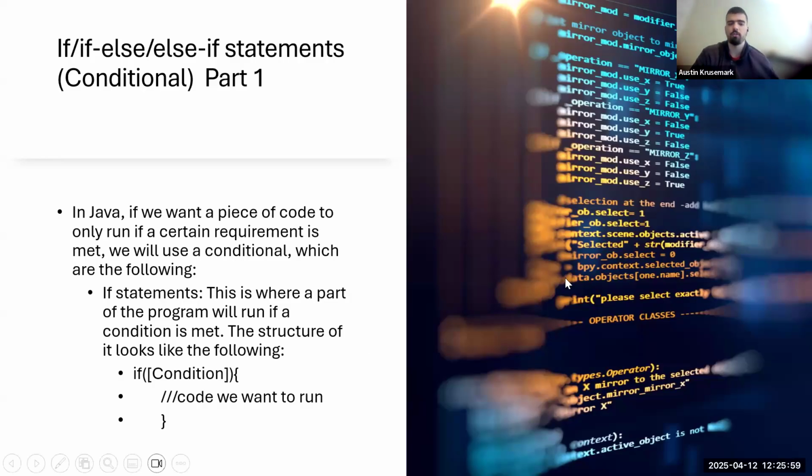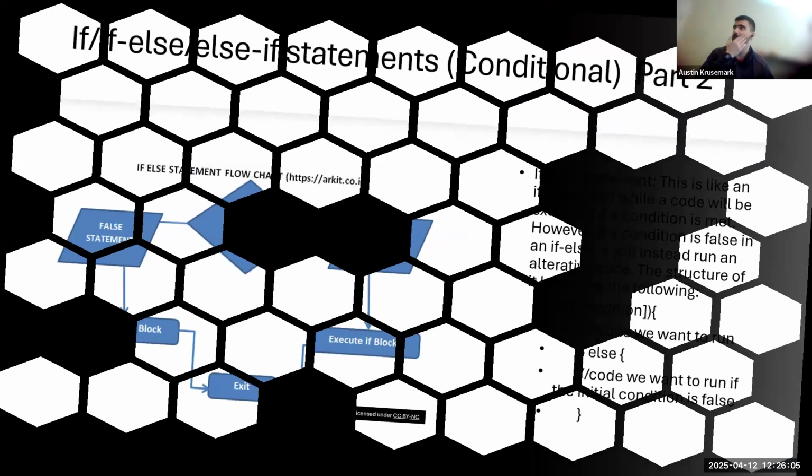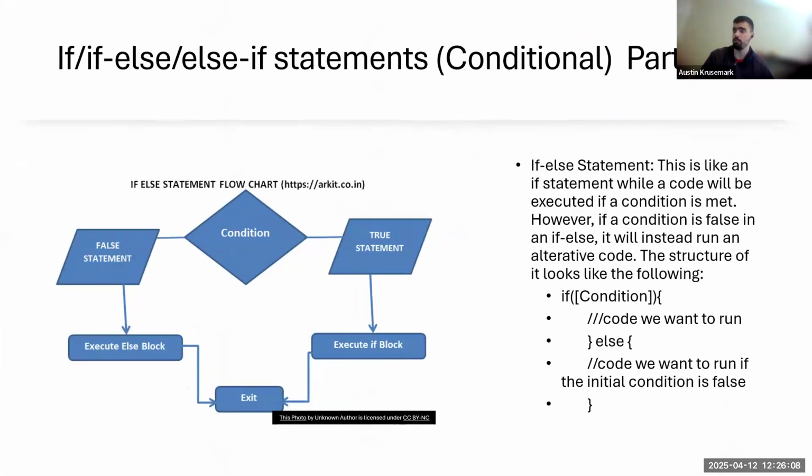Okay. So the next one we're going to go over is if-else. In this case, we may ask ourselves, what if we want something to happen if the initial condition is false? That's where if-else comes into play. I provided a diagram to help better explain this. Here we have the condition.